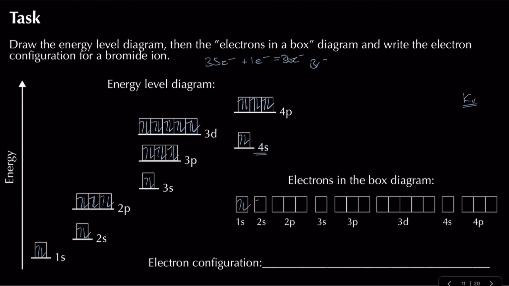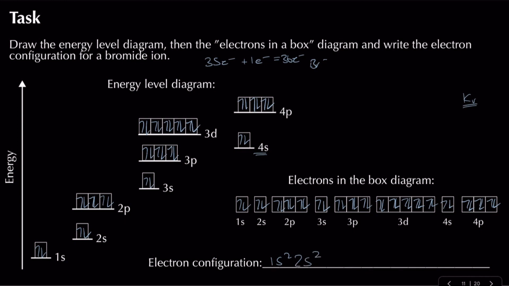So I've got 1 through 36, so I've got 36 electrons there. Again, I've got 1s2, because I've got 2 electrons in that s subshell.